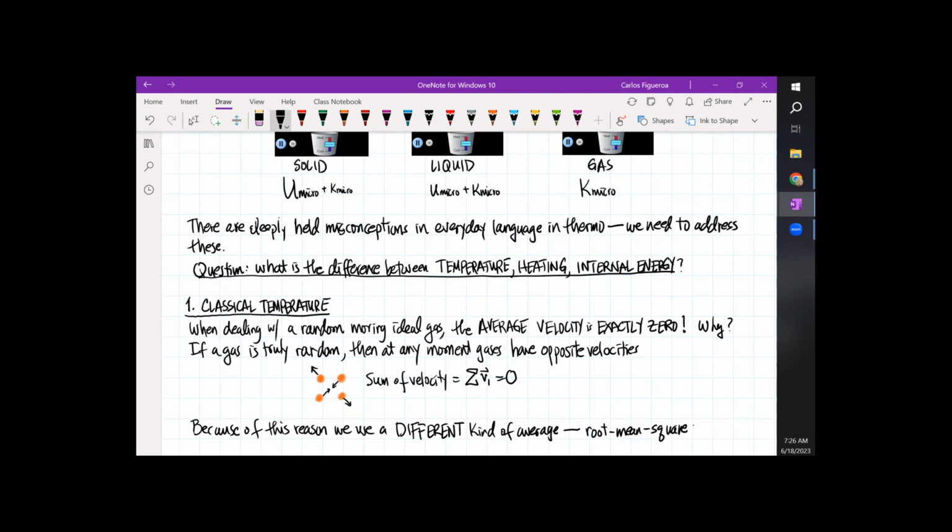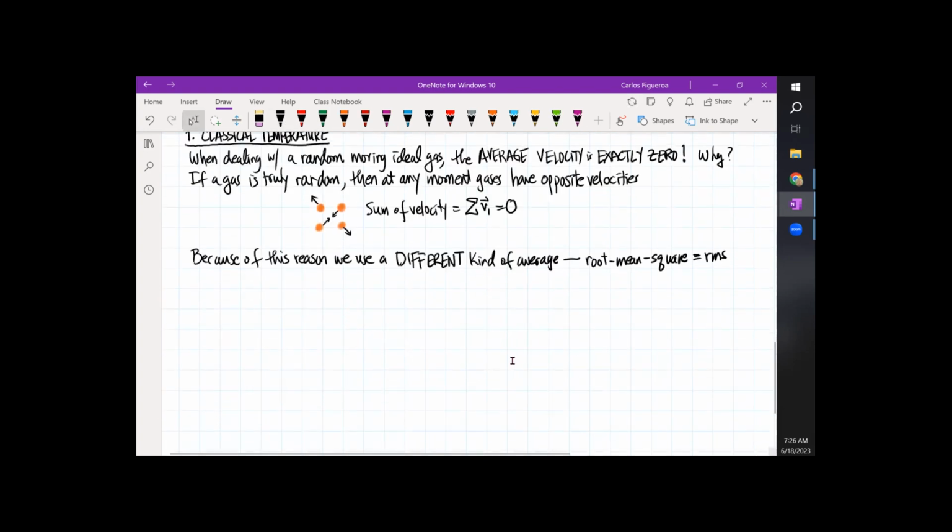And this is what we defined as RMS. So what you're going to see here is that many times you'll see me say RMS, and I'll still call this the average. It's not the traditional average, it's a type of average. So if I say average, I really mean RMS.